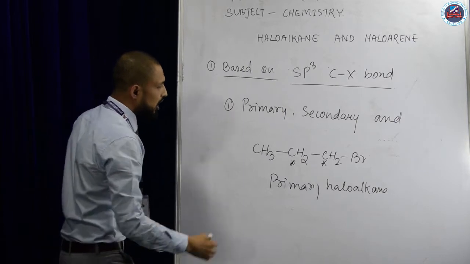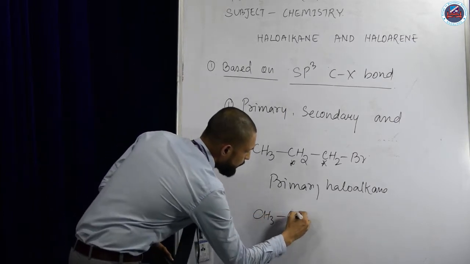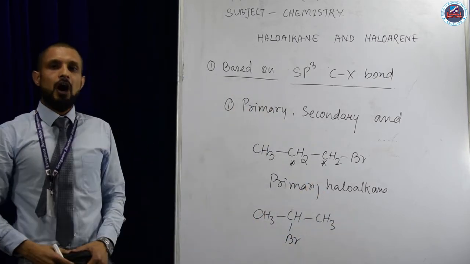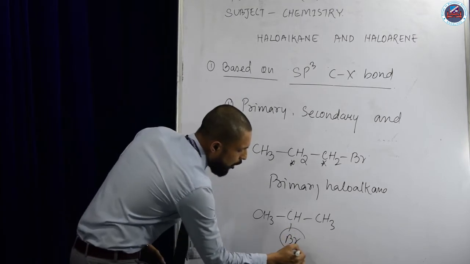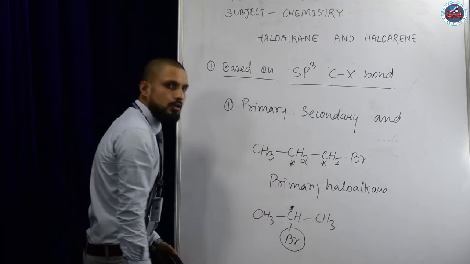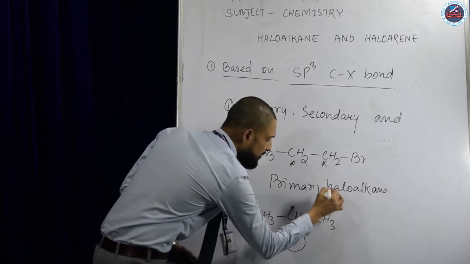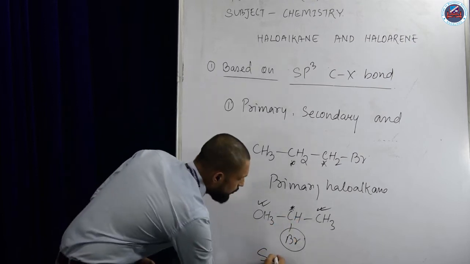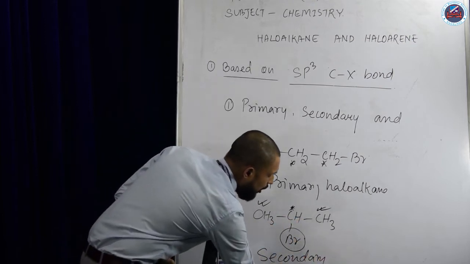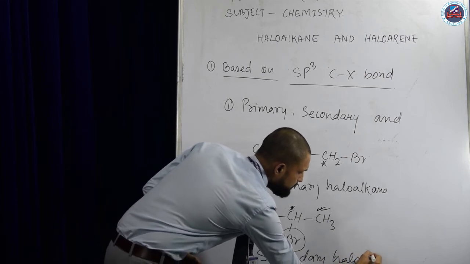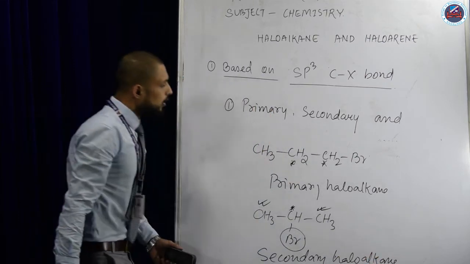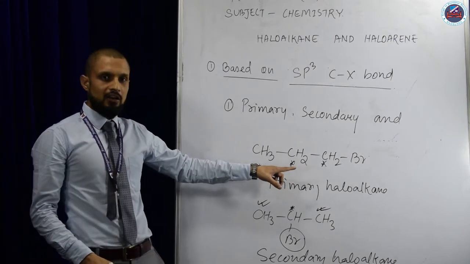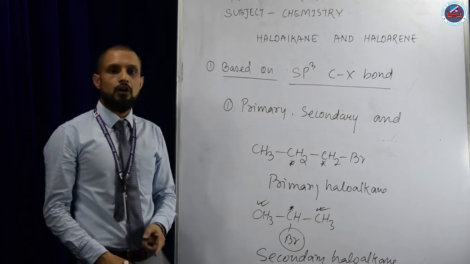Let's take the next example. CH3CHBrCH3. Now in this compound you can see the bromine is attached to this carbon, which in turn is attached to how many carbons? Two carbons. So therefore, this comes under secondary haloalkane or 2-degree haloalkane. We can take some more compounds from the textbook and try to find out the nature of the haloalkane, whether it's primary, secondary, or tertiary.